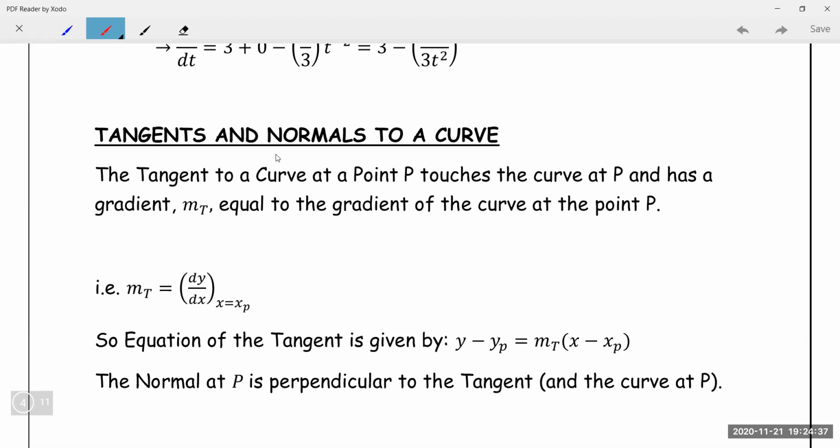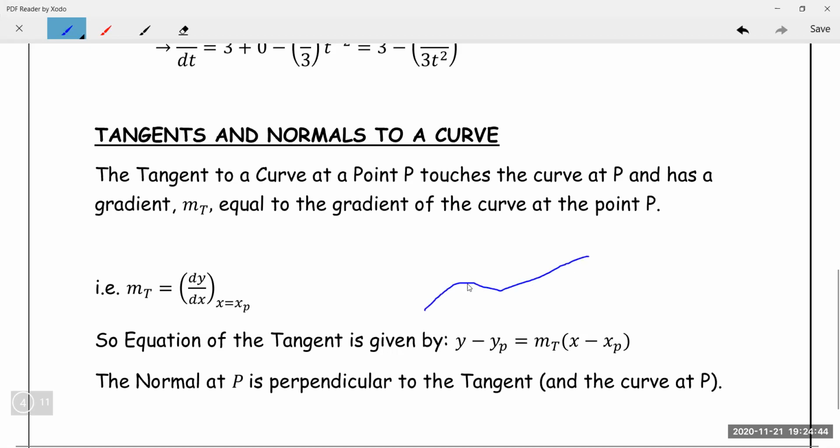All right, the first thing we said about tangents was that the gradient of the curve is equal to the gradient of the tangent at that point. And so that's how you find the gradient of a tangent.